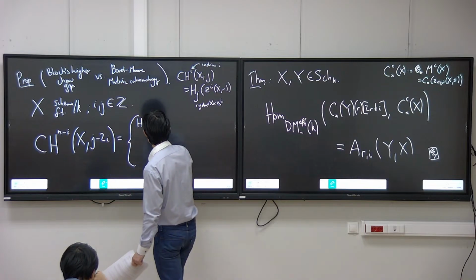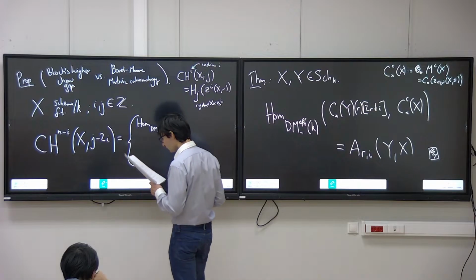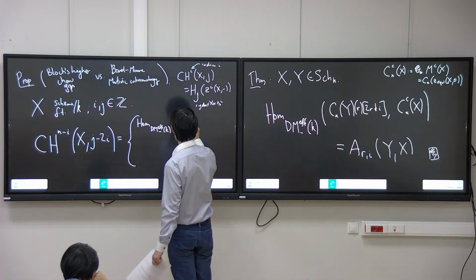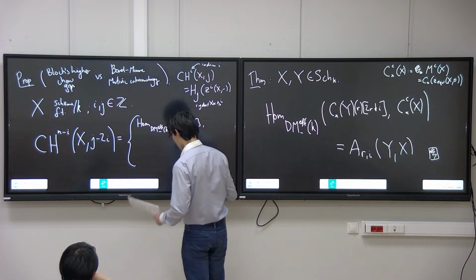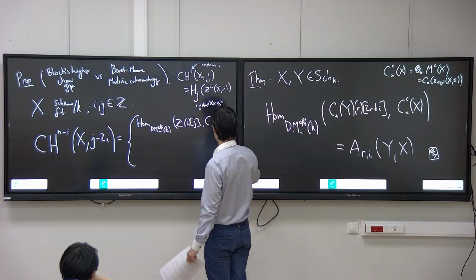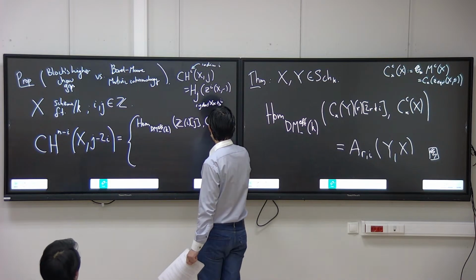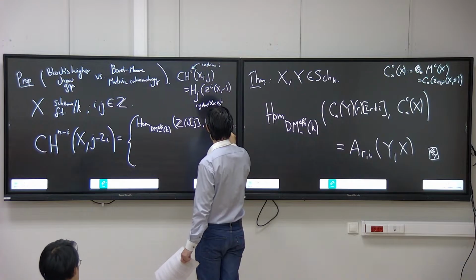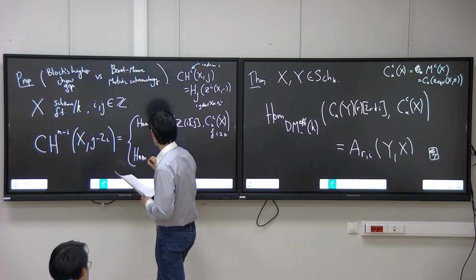So homomorphisms in my category of motivic complexes, from Z(i)[j] with coefficients in compact support cohomology. So this is in the case if i is greater or equal to 0, and some other nonsense in the opposite case.